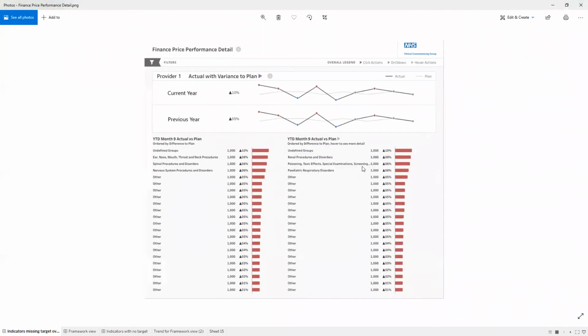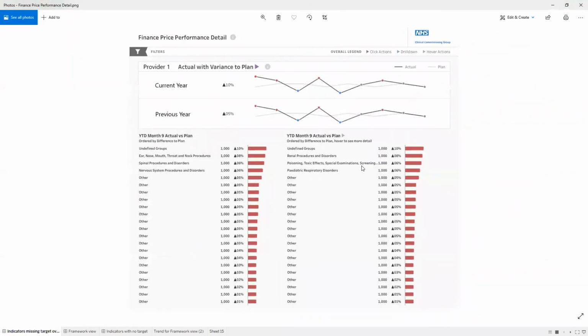And in here, we can see how that value has changed over time. So we can see, well, actually, every September, we always get a spike. Or this is a blip, whereas normally we're below plan. Or, this was the same last year, so maybe it's something that we need to build into the forecast for next year.